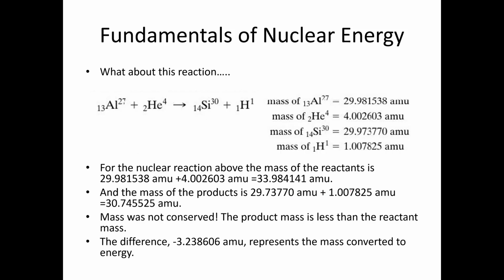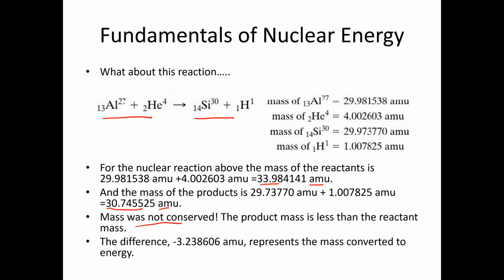So what about this reaction? You can see on the reactant side and product side, if you were to do the math, you would find that for the reactants you have 33.984141 atomic mass units, and the products are 30.70525 atomic mass units.